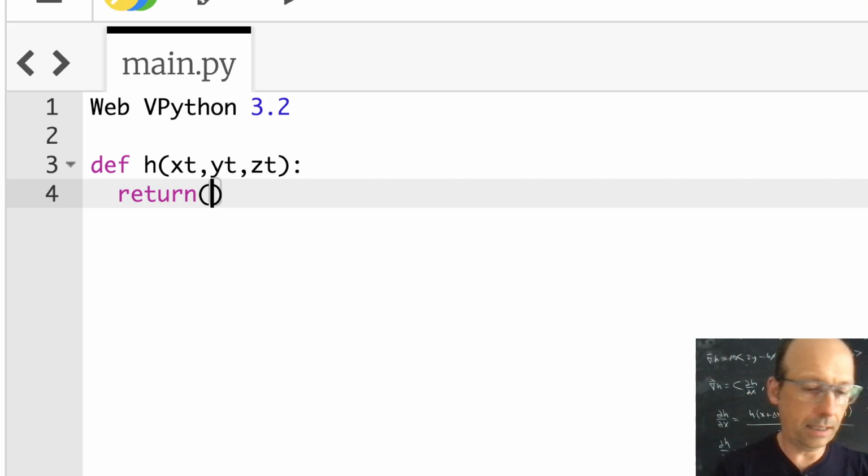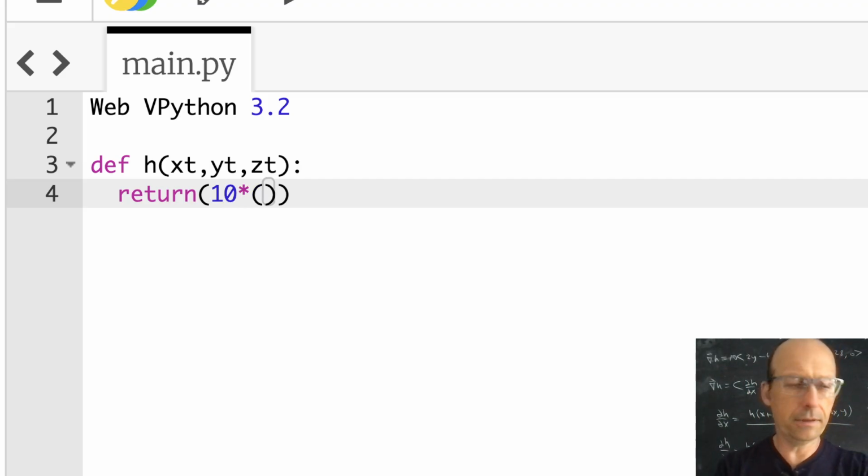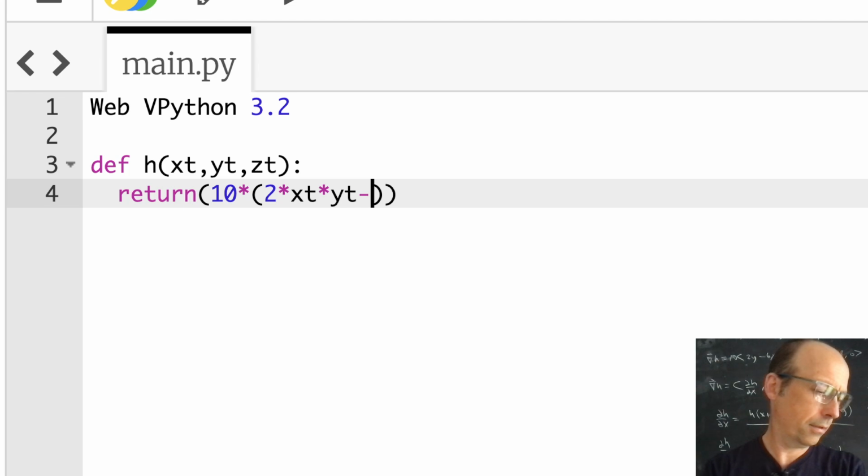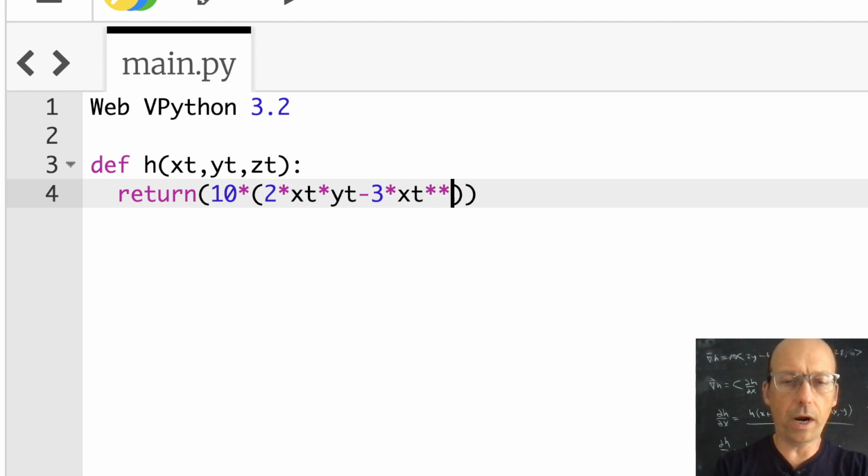It's 10 times 2 times xt times yt minus 3 times xt squared. Remember in Python, raised to the power is star star.